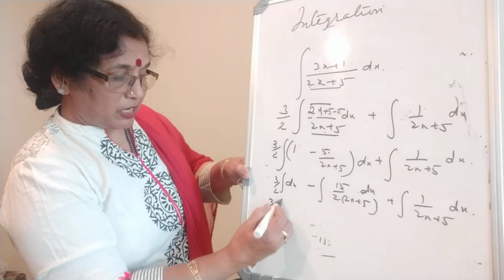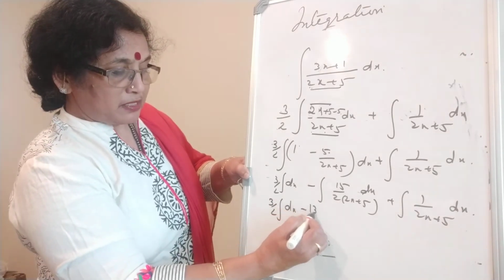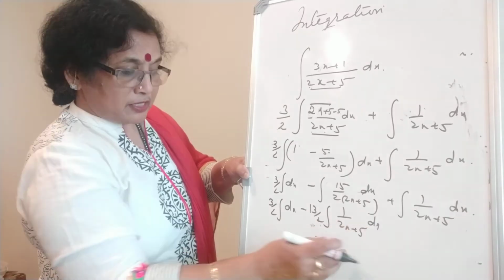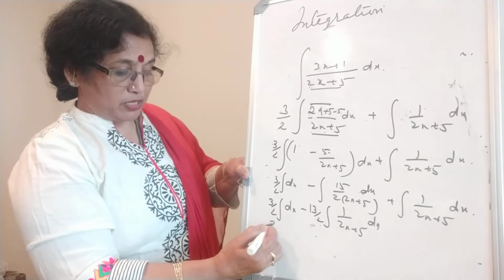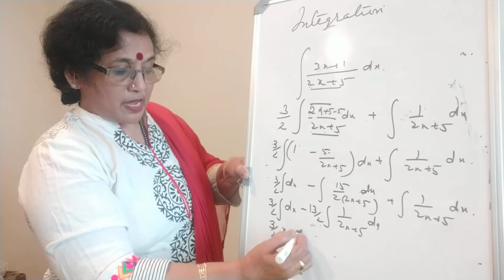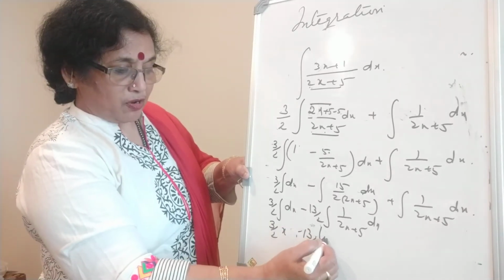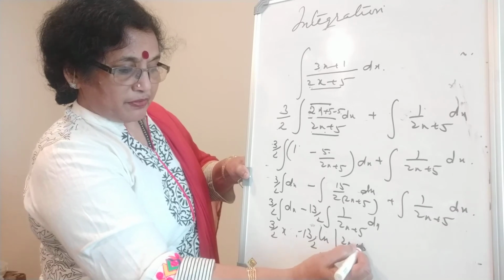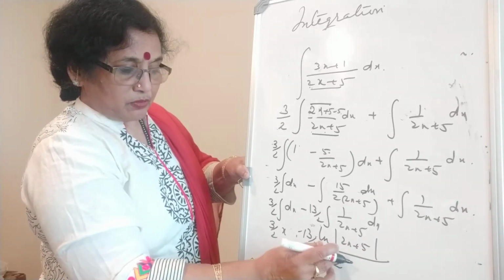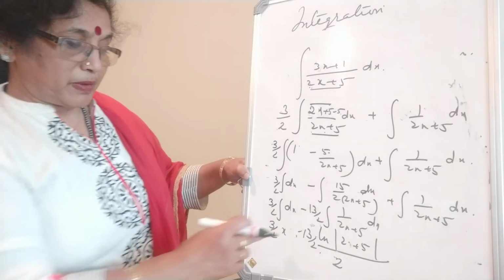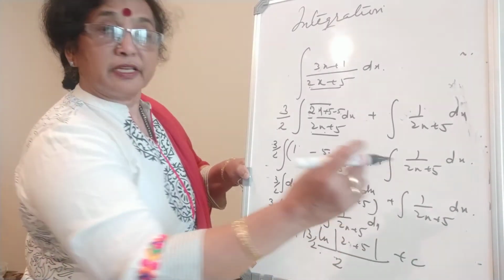So ultimately you get 3 by 2 integration minus 13 by 2 constant 1 by 2x plus 5 dx. So the answer is complete. This is 3 by 2 dx, that is 3 by 2 x, and this is minus 13 by 2 ln of 2x plus 5, the whole thing divided by 2, the differentiation of 2x plus 5 is 2. So minus 13 by 4 plus c.